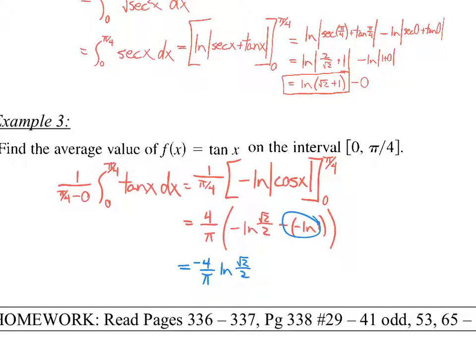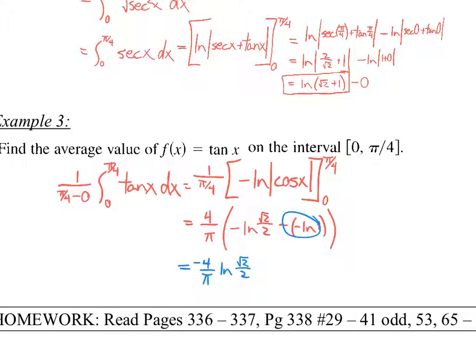So is the answer a positive number? Well, root 2 over 2 is actually like 0.707, which is smaller than 1, so the natural log will be negative.